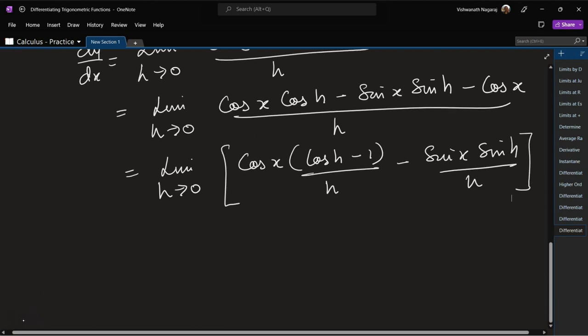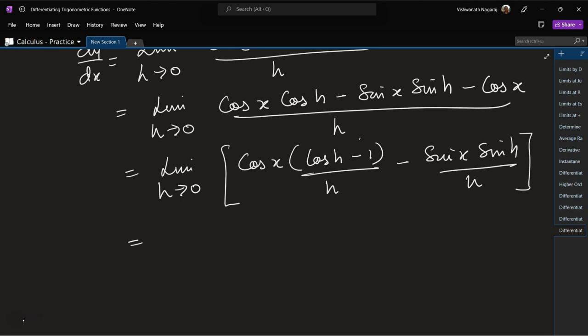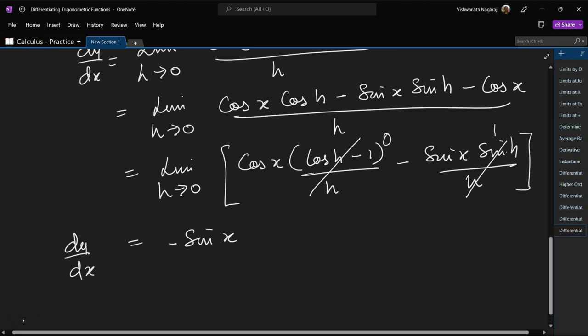And we can take the limit separately. So here this will become 0 and this will become 1. So we are left with, and h has disappeared, the limit of minus sine x. So dy by dx of cos x is minus sine x.